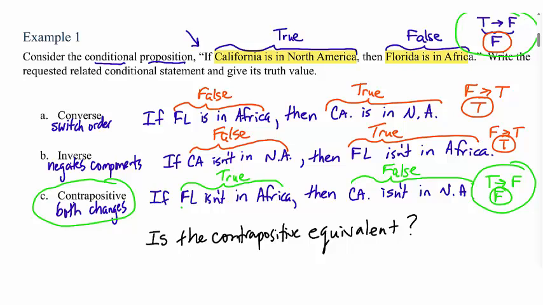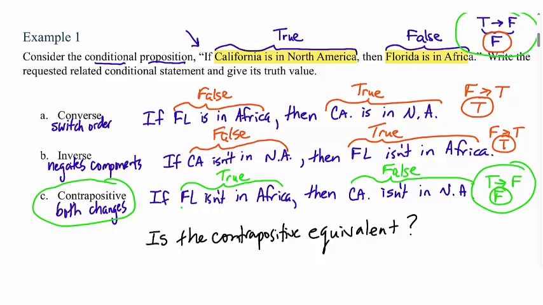But don't worry, if you don't follow what I'm about to say, I'm going to prove it another way. So we're saying that if California is in North America, that forces Florida to be in Africa. But the contrapositive says if Florida isn't in Africa, then California isn't in North America.